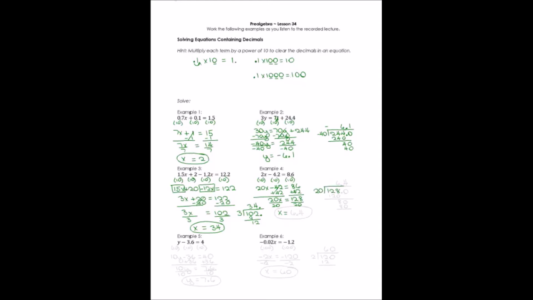Looks like it's going to have a decimal, and I might have to have some zeros. I'll go ahead and put them down just in case. 20 into 128, well, it's going to go 6 times. 6 times 20 is 120. Bring down my 8 and 0. 20 into 80 is 4. And my answer, x is equal to 6.4.